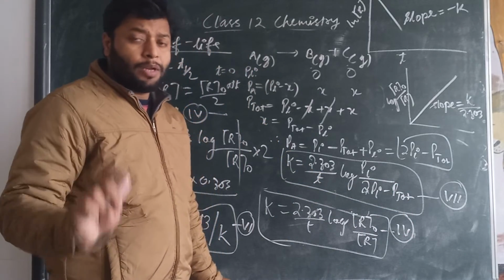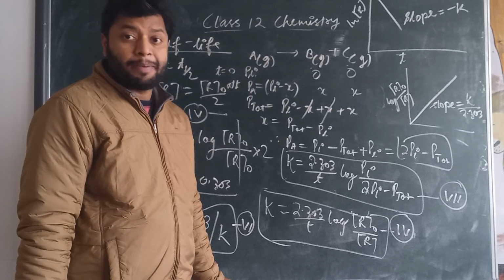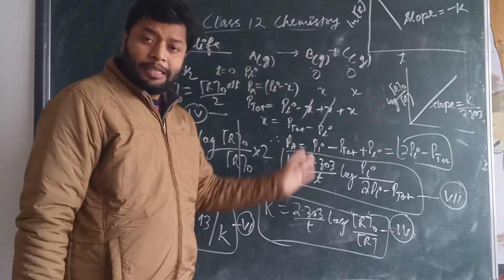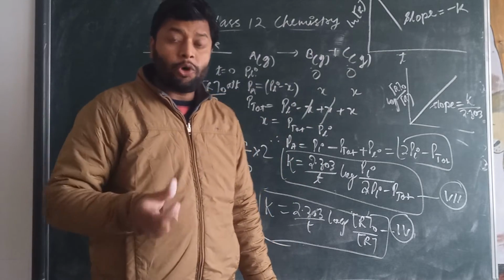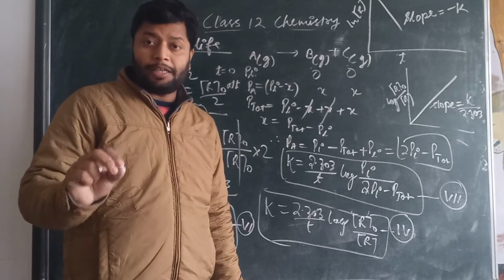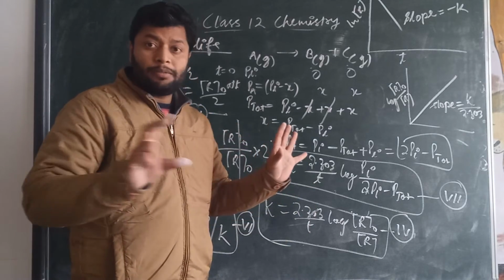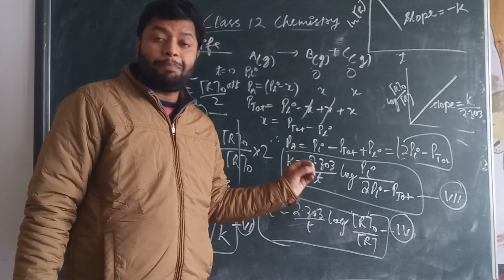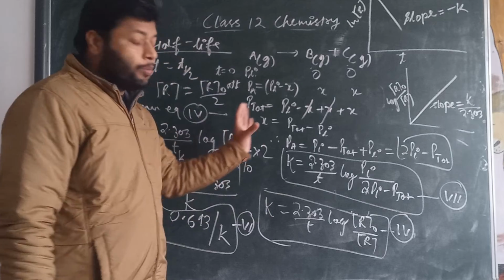One more problem during the calculation of numericals given in boards and competitions is that if the coefficients are similar, this can be the formula. But if the coefficients are different, how can we deduce the formula? Students, learn it, because for different types of reaction we have a different formula in terms of partial pressure, and that's why we have to recalculate.